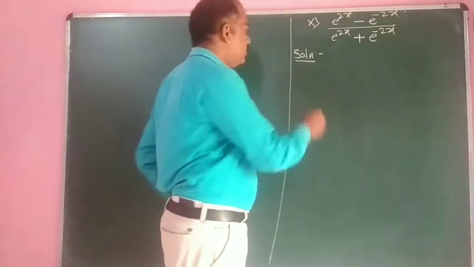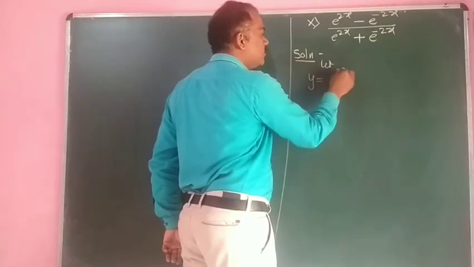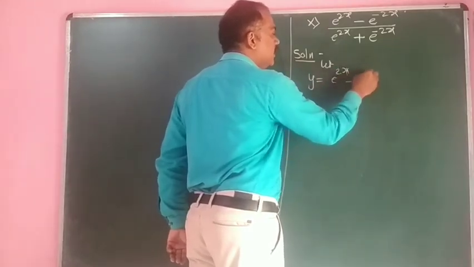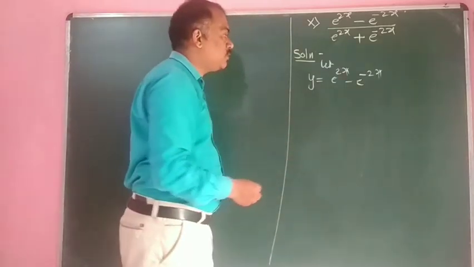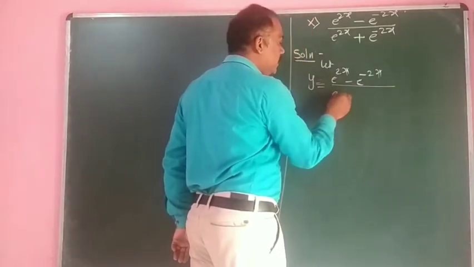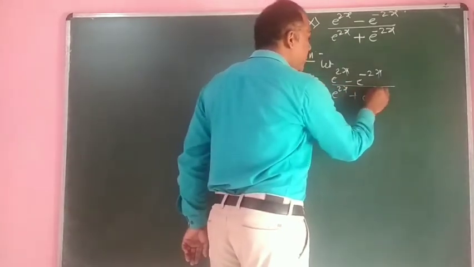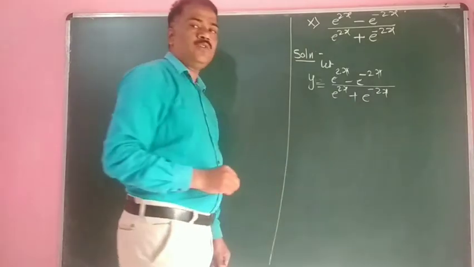Okay, so let y equal e^(2x) minus e^(−2x) divided by e^(2x) plus e^(−2x). First of all, we have to simplify this.